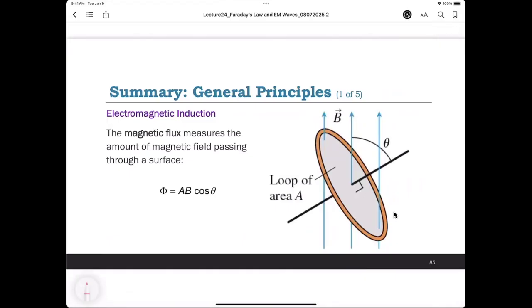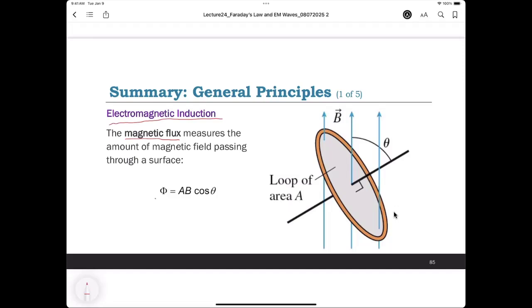To generate electromagnetic induction, the magnetic flux is the most important thing. The magnetic flux measures the amount of magnetic field passing through a surface.